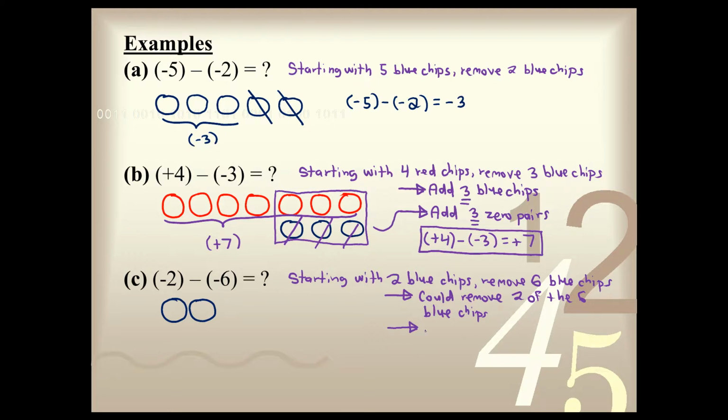So I would say add 4 blue chips. The number of chips you need to add to complete the statement is going to be the number of 0 pairs you need to introduce. So we're going to add 4 0 pairs here.